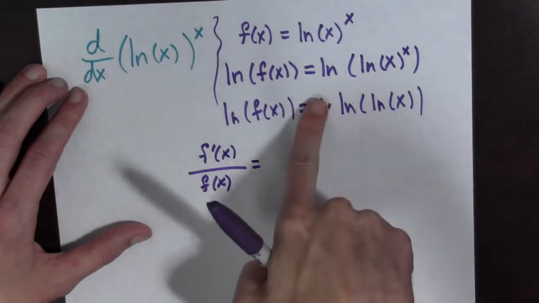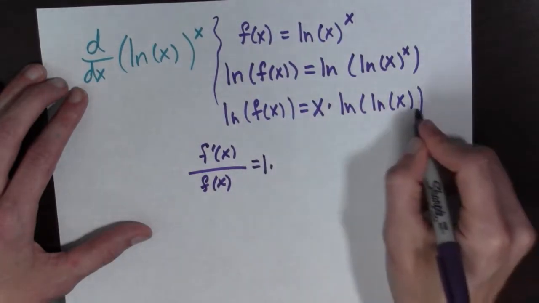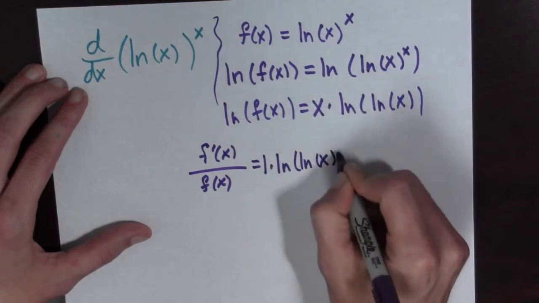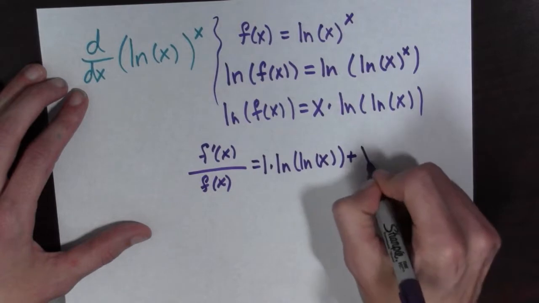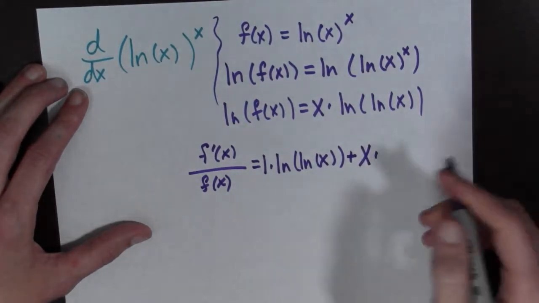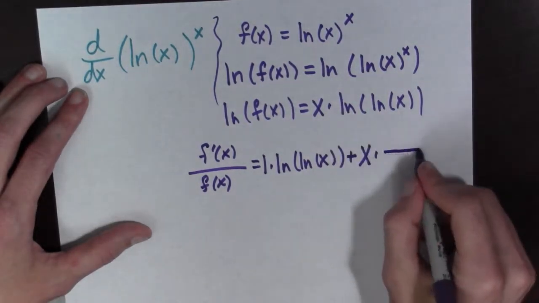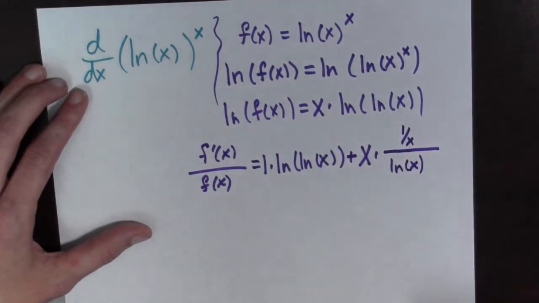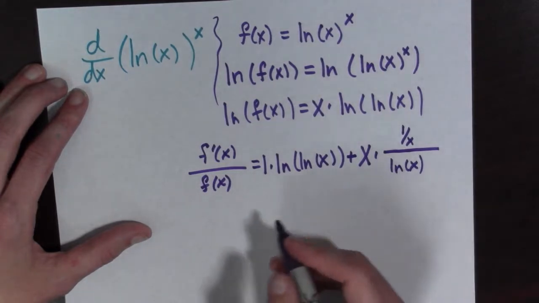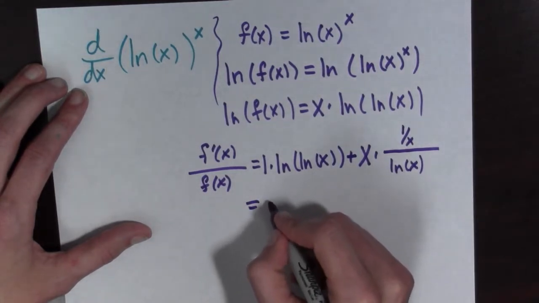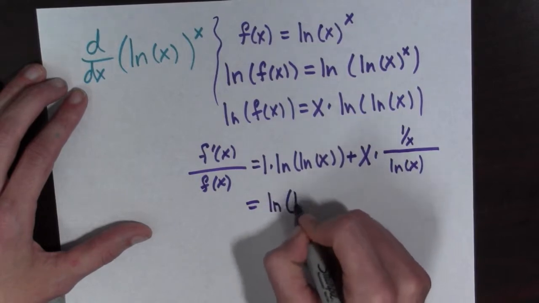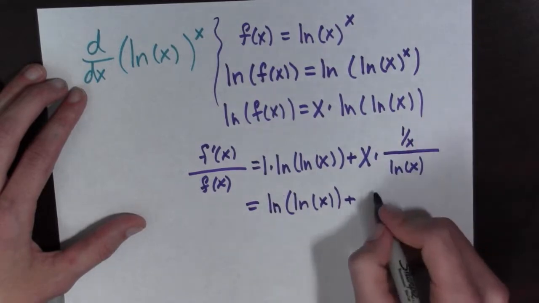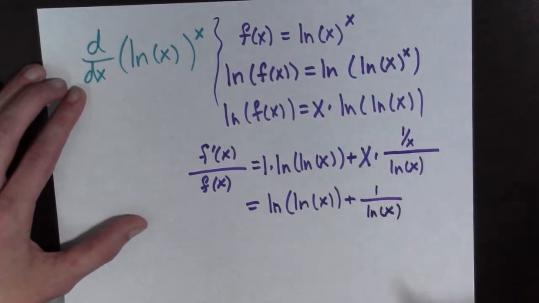And so let's take the derivative of x first. So it's going to be 1, and then take 1 times natural log of natural log of x plus x times, and now what we're going to do is when you have the natural log of a function, it's going to be 1 over the function times its derivative, so 1 over x times natural log of x. And so this is equal to, I'm going to simplify just a little bit, natural log of natural log of x plus, these will cancel, 1 over natural log of x.